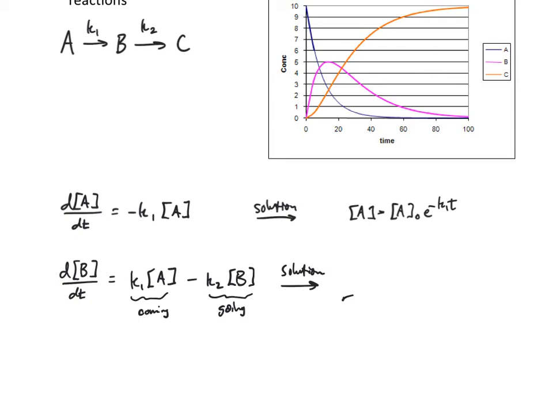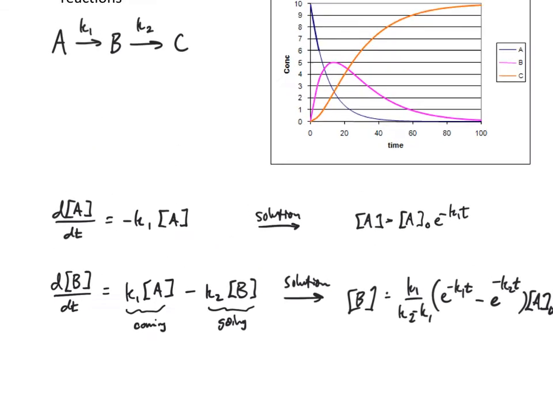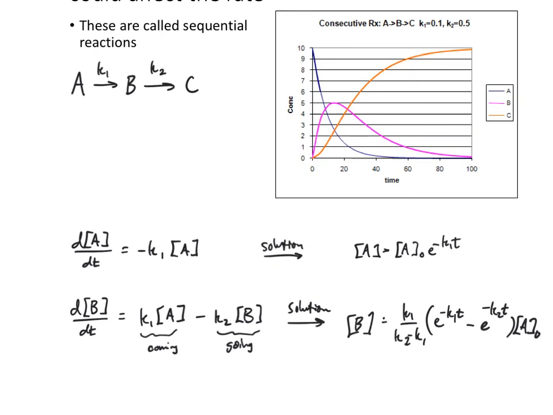and it is more complicated than the solution to the first step. The concentration of B equals k1 over k2 minus k1, times e to the negative k1t minus e to the negative k2t, all times the starting concentration of A. Okay, so this first expression here describes this curve right along here.